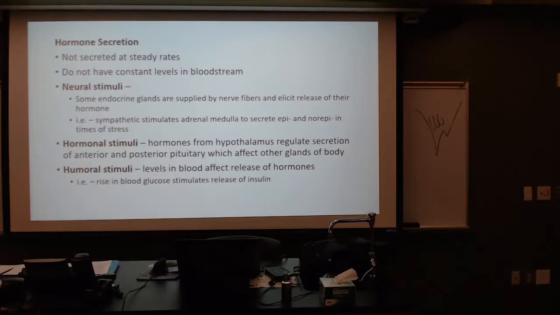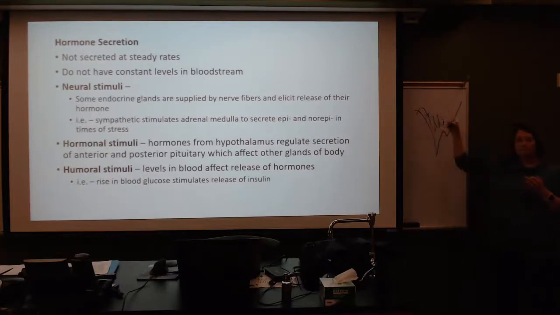Nerve cell bodies. So levels of these chemicals in the blood are getting detected. Does that make sense? So let's say that our thyroid hormone, which is all over our body, levels are low.